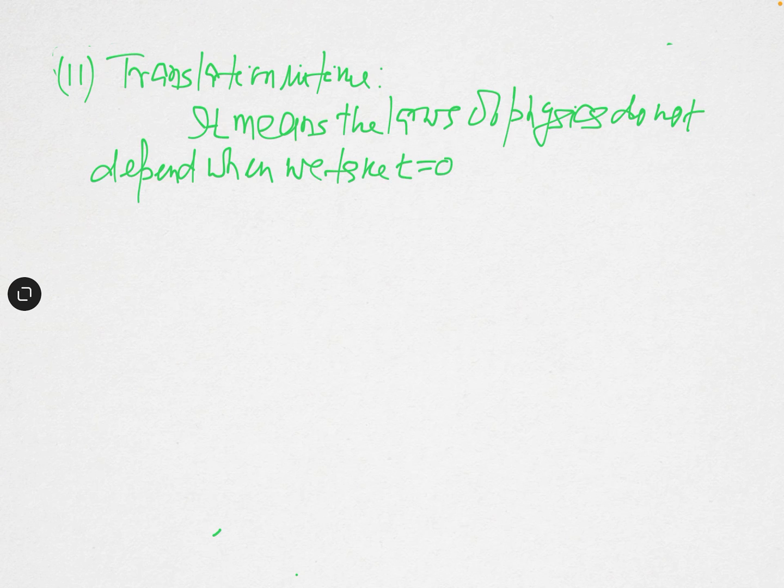This is just like the origin for the time coordinate. So if the laws of physics do not depend on our selection of t equal to 0, then we say that there is a translation symmetry in time in our nature. This symmetry leads to the invariance principle, or you can say the conservation principle, of energy.